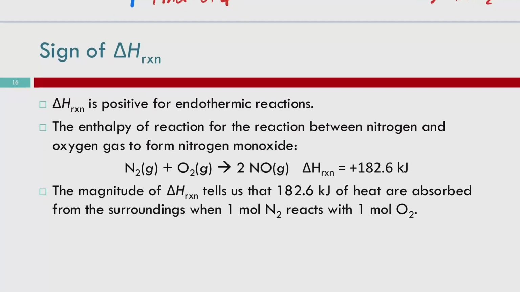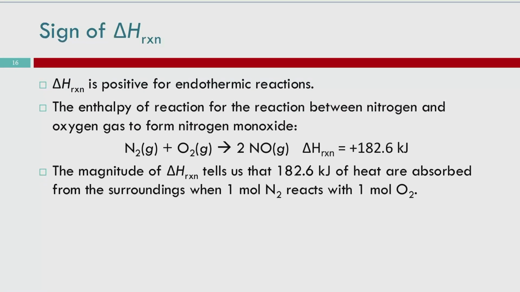All right, looking also at endothermic reactions. This positive sign will often be omitted. So for an endothermic reaction, this is an example of one. Our delta H is positive, and that positive sign will often just be left off because usually positive numbers, we don't bother putting a plus in front of them.